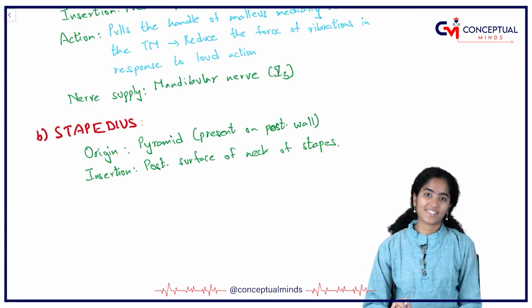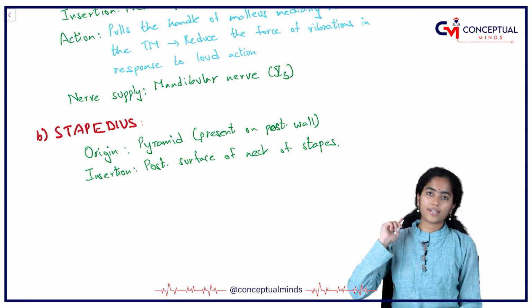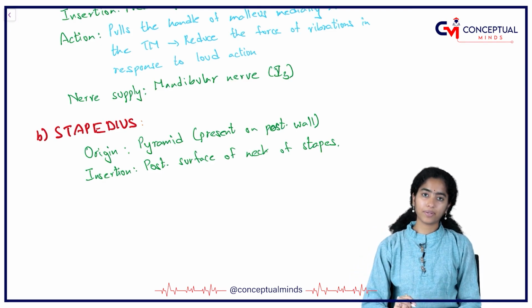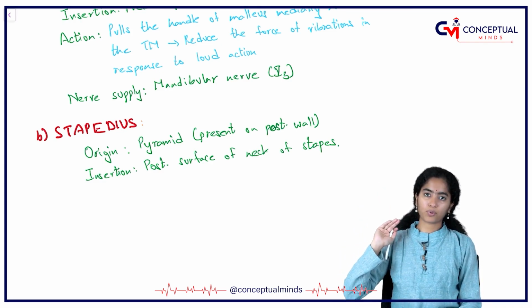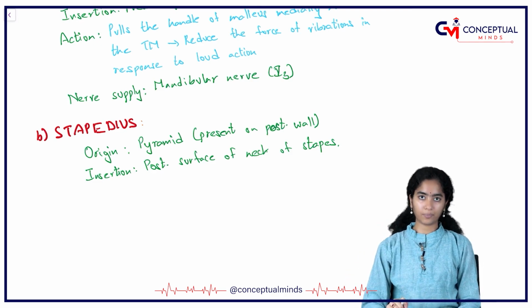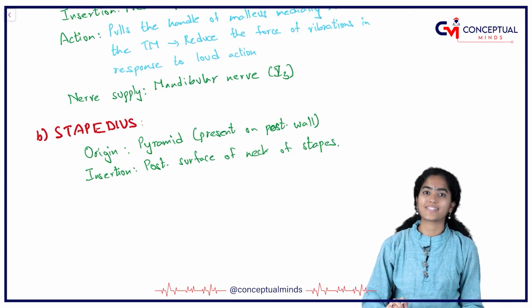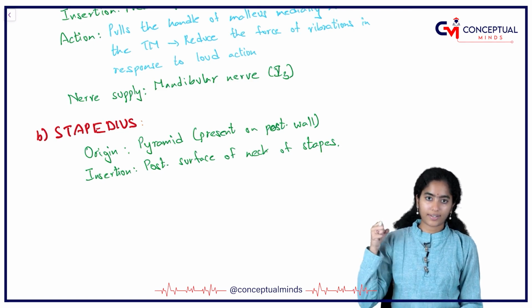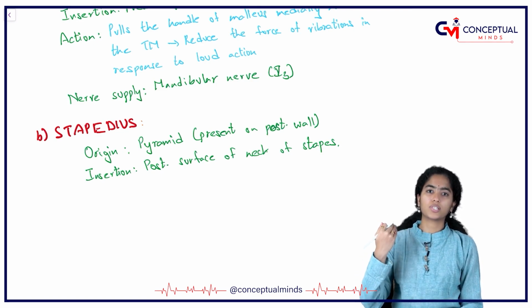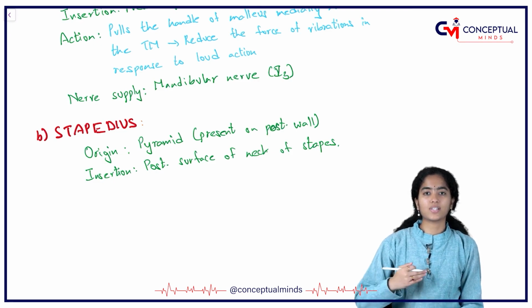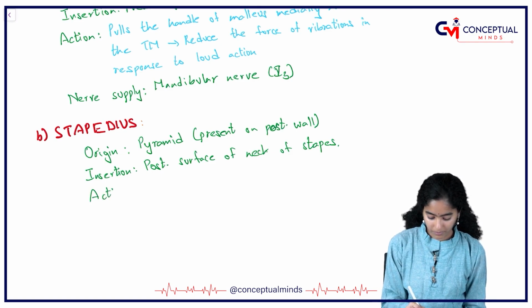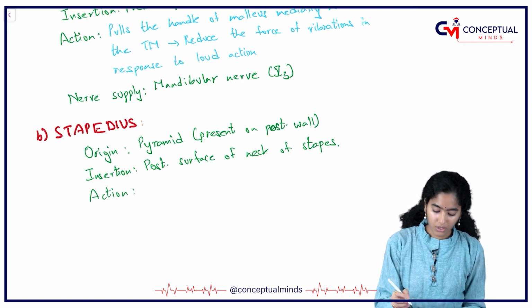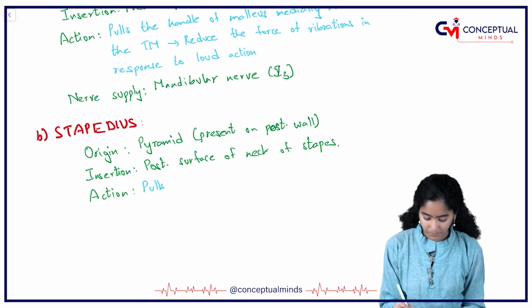Now please understand that stapedius is coming from the posterior wall and it is running anteriorly. Tensor tympani from anterior wall, it is running posteriorly, and stapedius is originating from the posterior wall and running anteriorly. So what is the function of stapedius? When stapedius contracts, it pulls the stapes posteriorly and prevents excess oscillation of stapes.